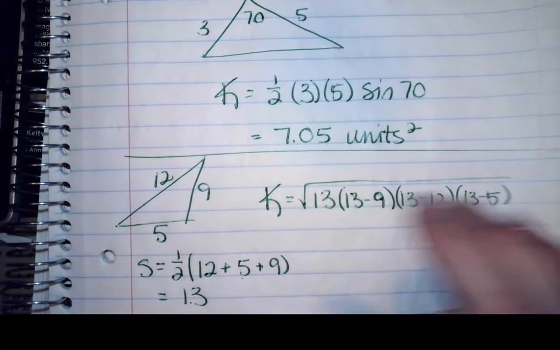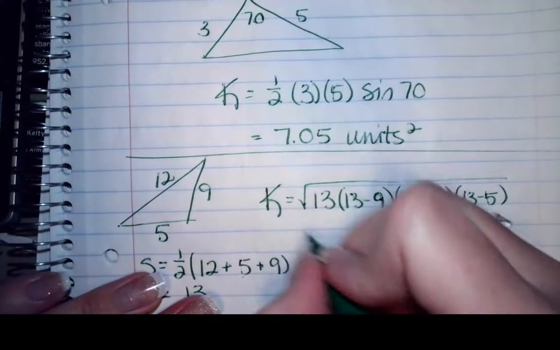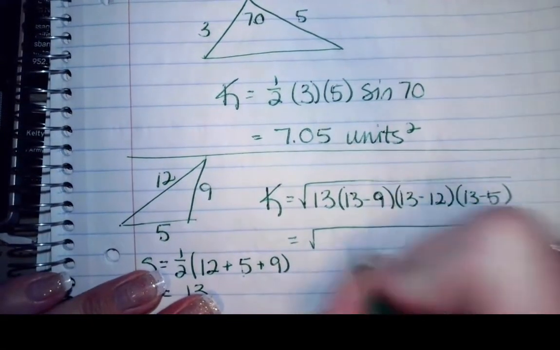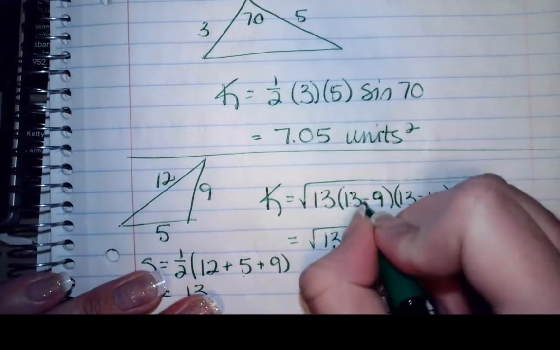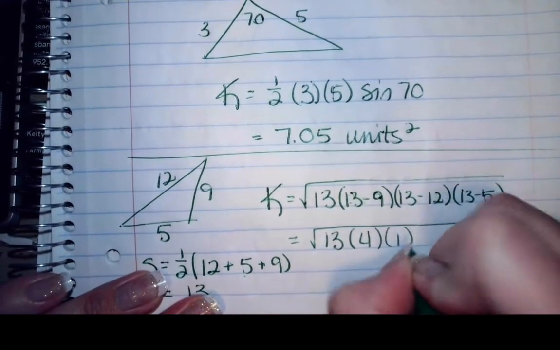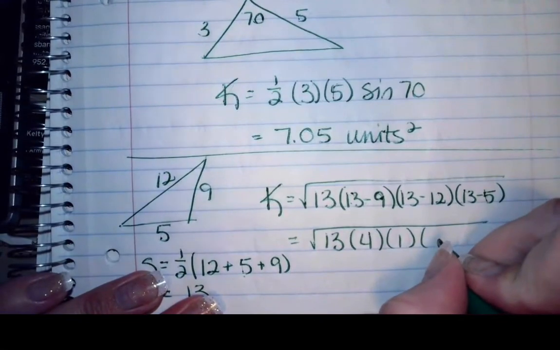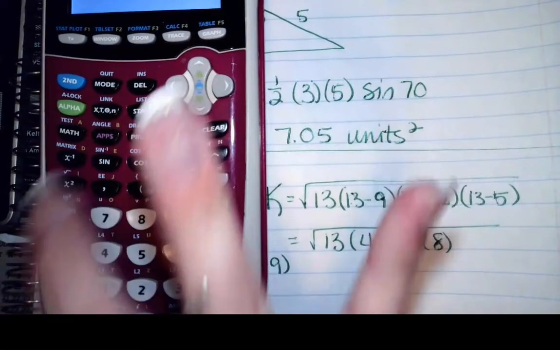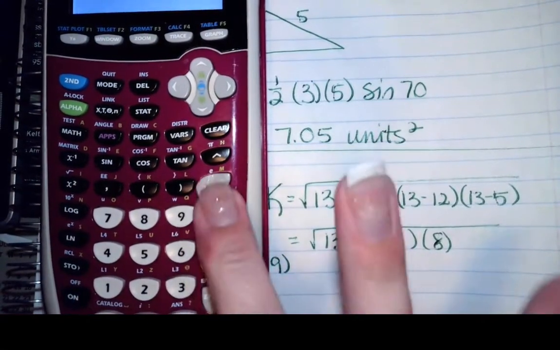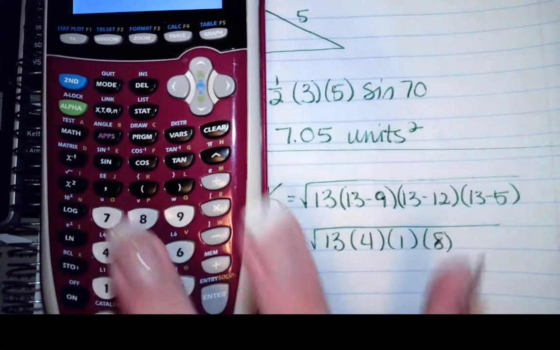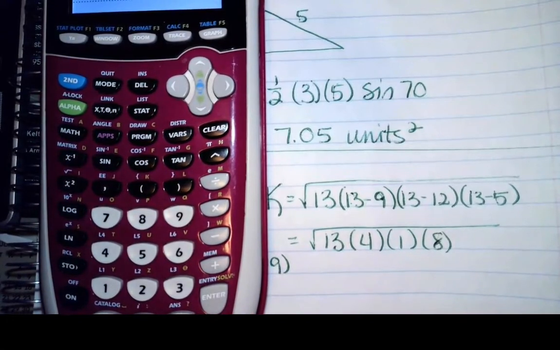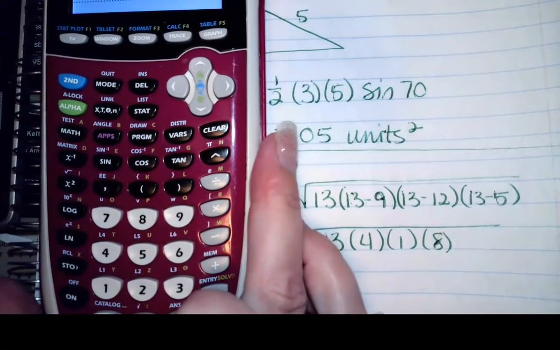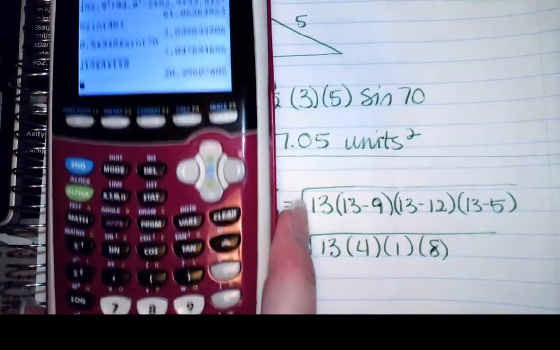You can either let your calculator do the work, or we can do a little bit of work up front. 13 minus 9 is 4, 13 minus 12 is 1, and 13 minus 5 is 8. So the square root of 13 times 4 times 1 times 8 is going to be 20.396, which is going to be 20.40.